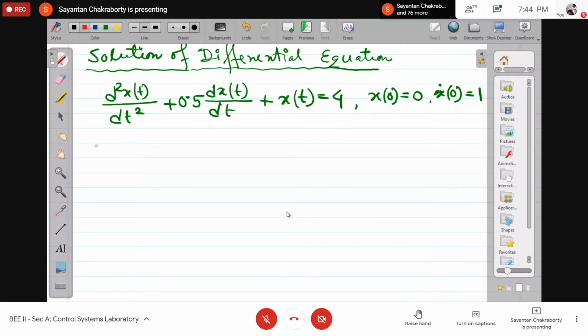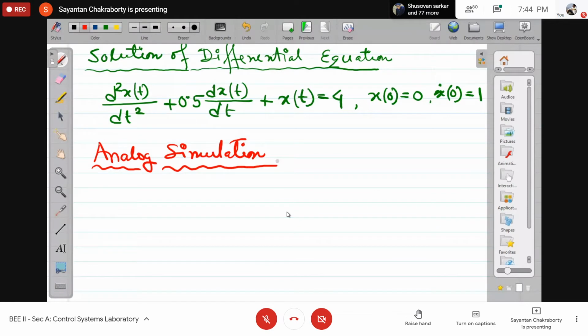I should mention the term. Why is it called an analog simulation? Because we are using analog integration, which is based on op amp or analog circuits. The procedure for solving with analog simulation will be taught in your class in much more detail, so just for the sake of understanding the lab, I'll go through the key points.